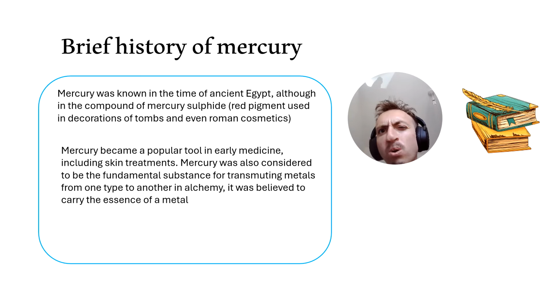That's not quite what's happening, but from a visual perspective it looks very similar. And in alchemy, mercury was believed to contain the kind of essence of a metal and therefore was very important in transmutation, turning one metal into another.